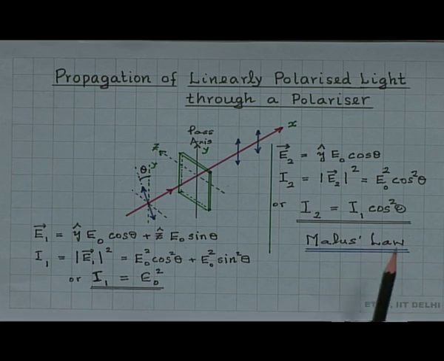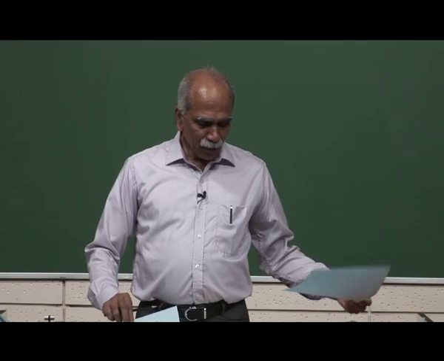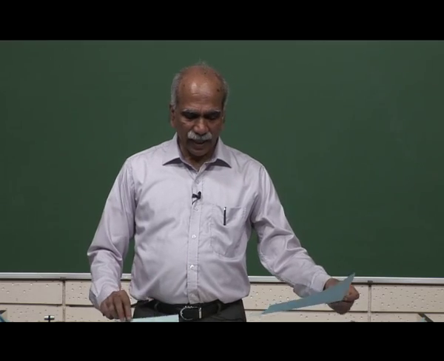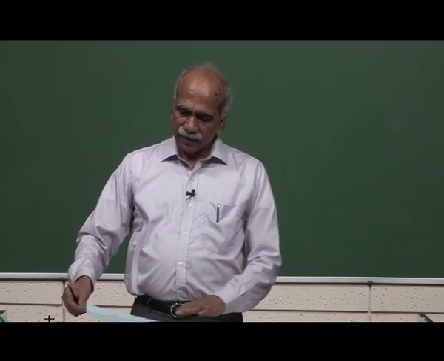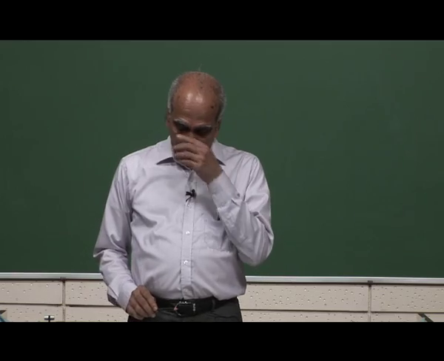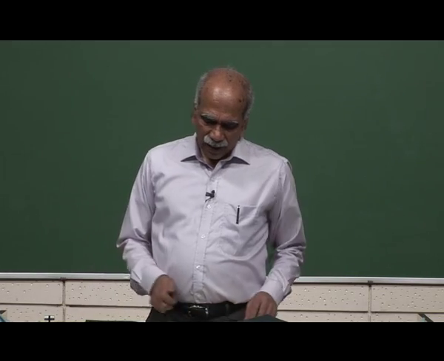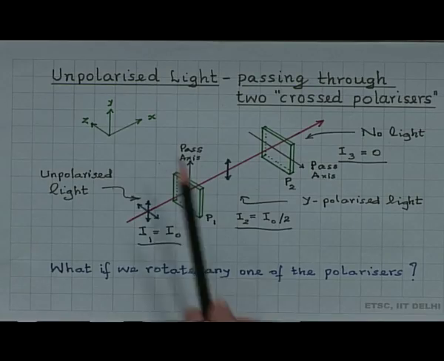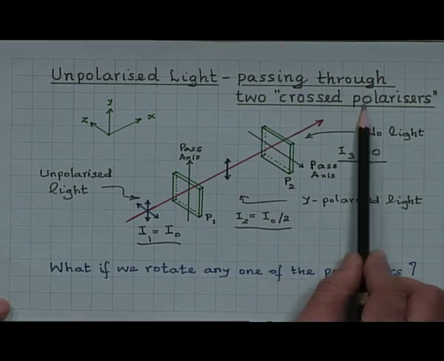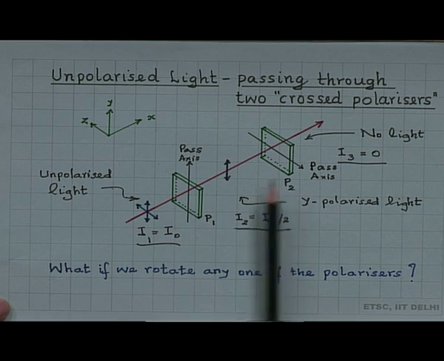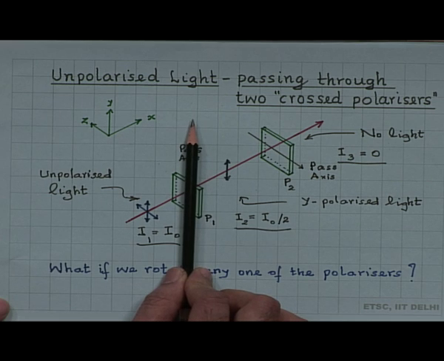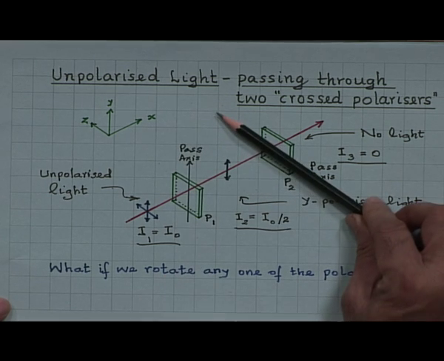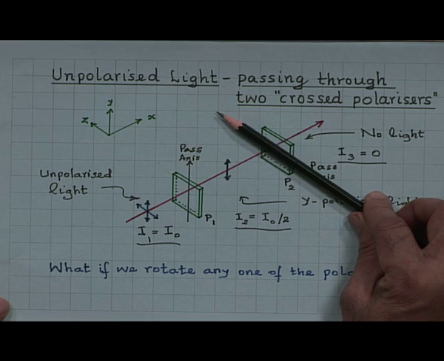Now, with this we take up the second problem, namely unpolarized light passing through two crossed polarizers. The diagram shows unpolarized light which is incident on the first polarizer, which has a path axis like this, and the second one has a path axis perpendicular to this.